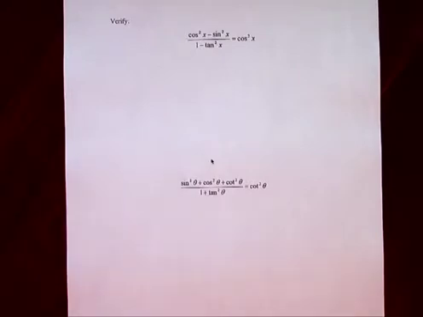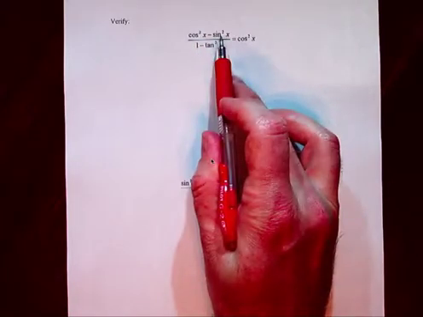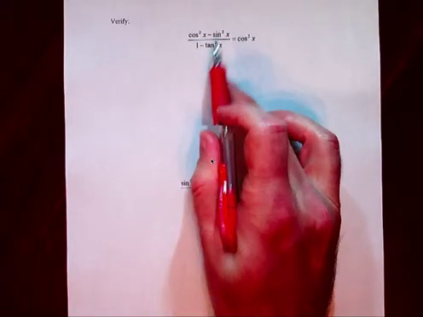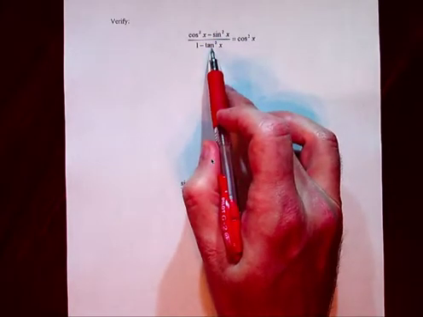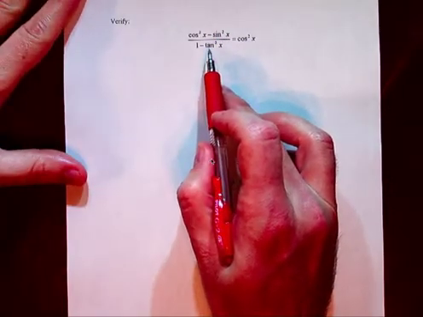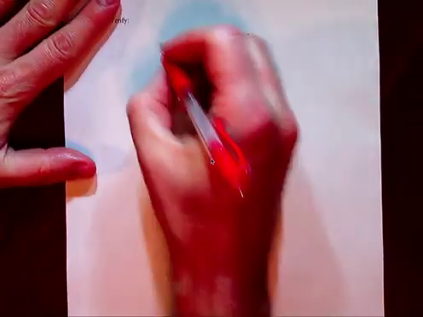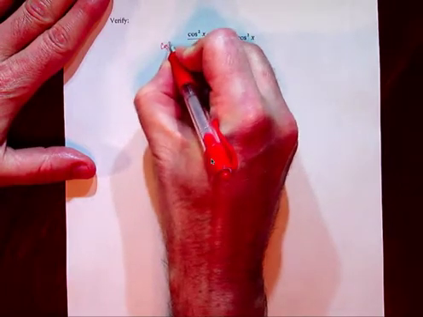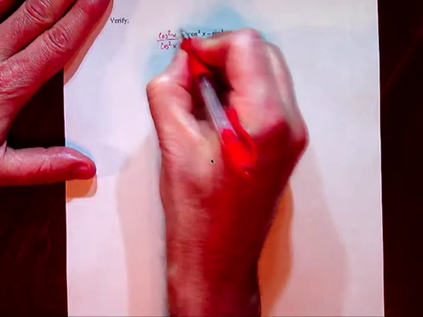Well, here's the thing. I notice that these have a similar structure, right? And I know that both of these second terms right here have a sine squared. So how would I turn tangent squared into sine squared? Well, I'd multiply it by cosine squared. And if I multiply it by cosine squared, I have to multiply the numerator by cosine squared.